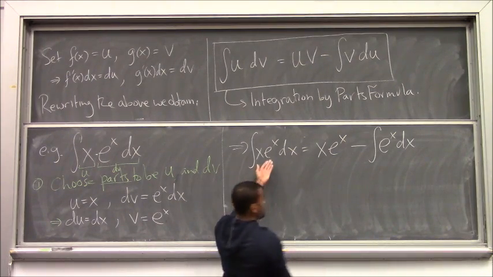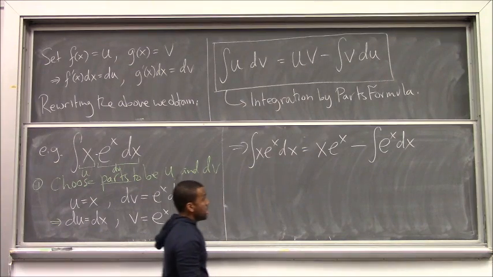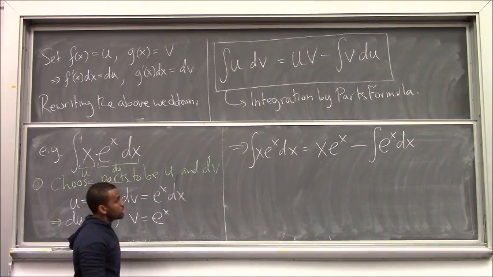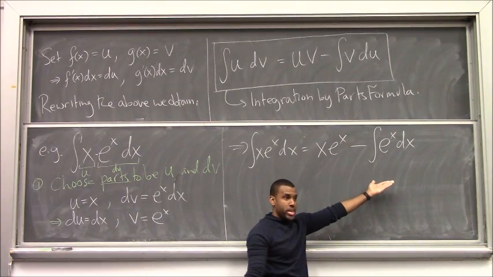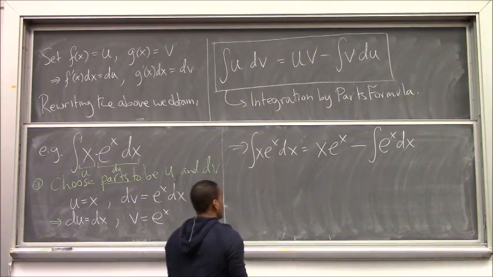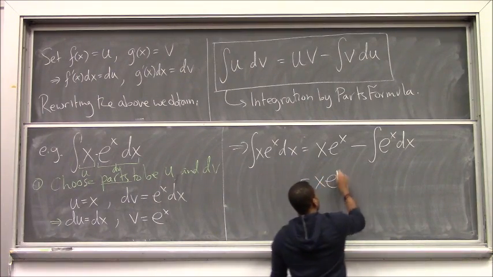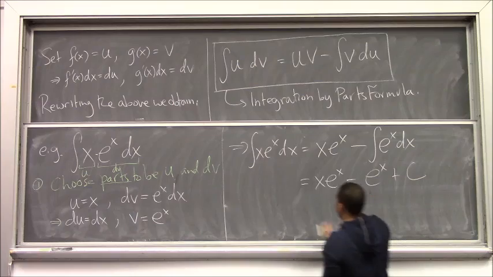And it turns out that this integral can be computed by computing that expression. Now, we'll notice that this integral over here is actually pretty easy. In fact, that's a basic rule. That's something you can do just by memorizing a formula. The integral of e to the x is e to the x plus c. And that's your answer.